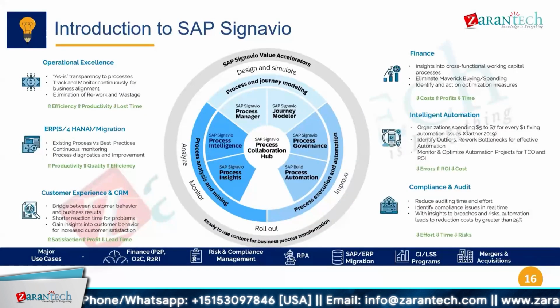And the major use cases are listed at the bottom, where we can improve our P2P, order to cash, and record to report processes. We can use this to put an overall GRC structure in place, that is, a governance, risk and compliance structure, and for RPA, migration, continuous improvement and Lean Six Sigma programs.